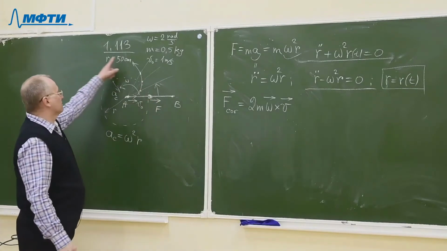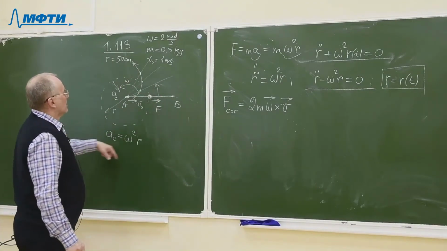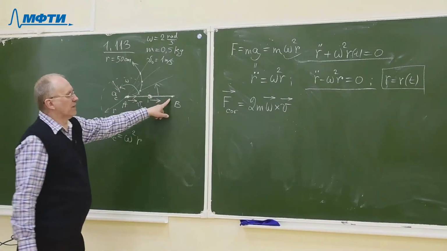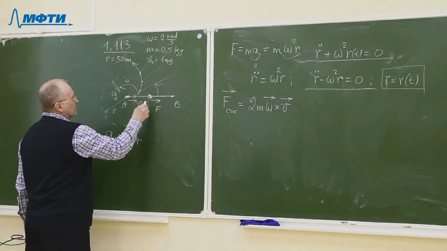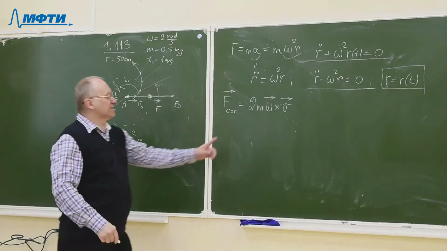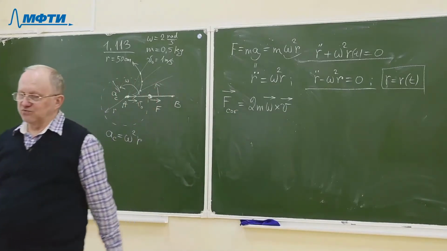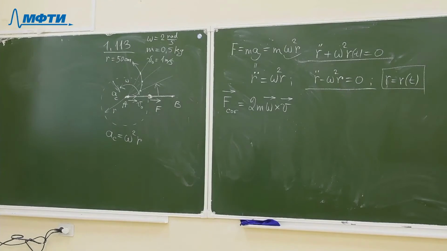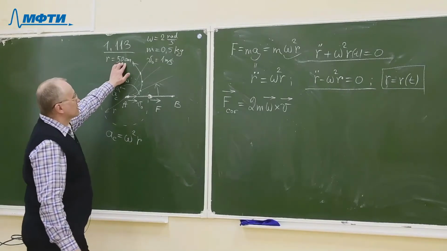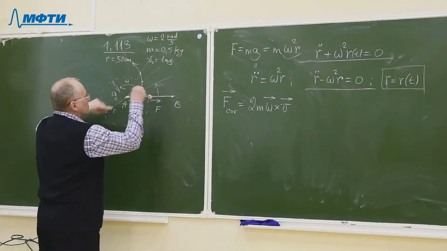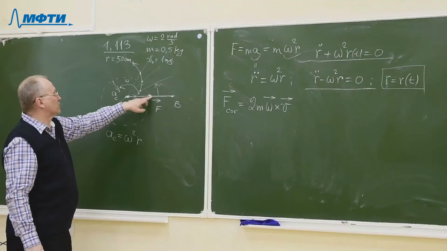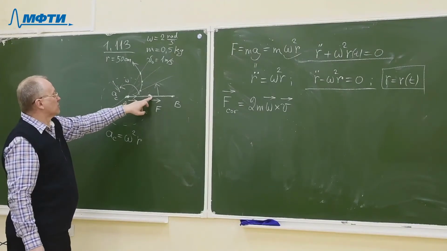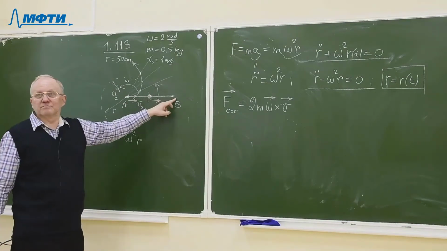Omega is the angular velocity of rotation of this rod, AB, and v is the velocity of the ring. And we need to find this Coriolis force at a certain distance, when r equals 50 centimeters, at a certain position of this ring on the rod.